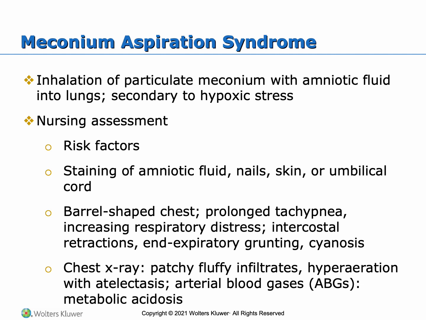Chest x-rays may show patchy, fluffy infiltrates, unevenly distributed throughout the lungs. ABGs will indicate metabolic acidosis. Direct visualization of the vocal cords for meconium staining using an appropriate size laryngoscope is needed to confirm the presence of meconium below the larynx.